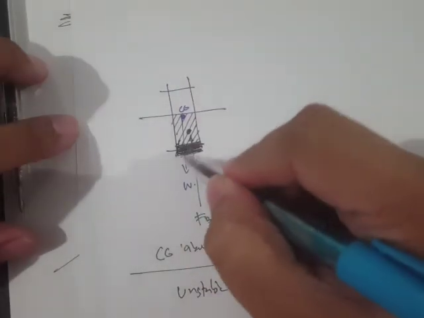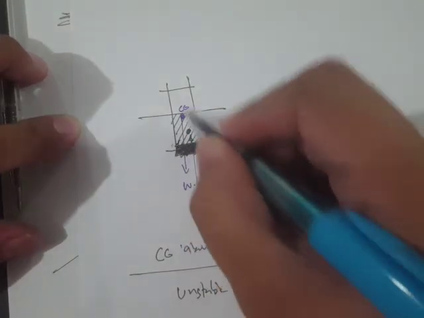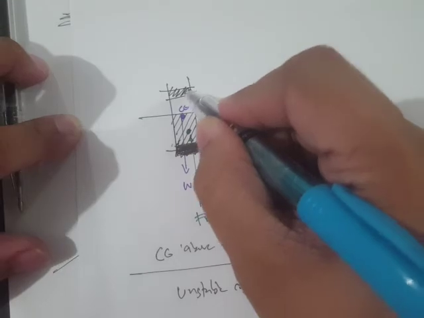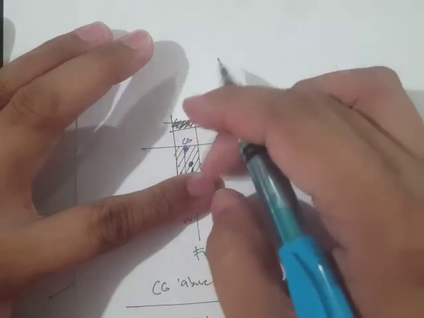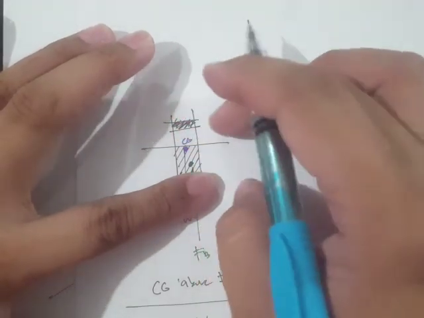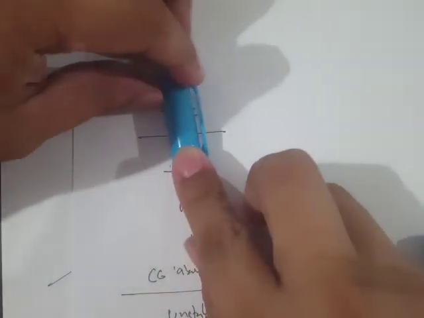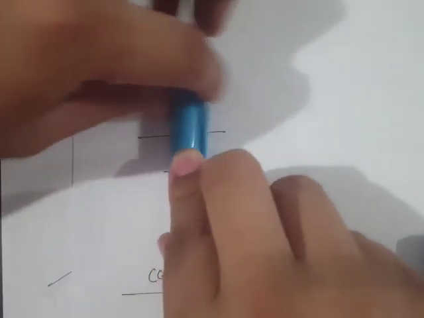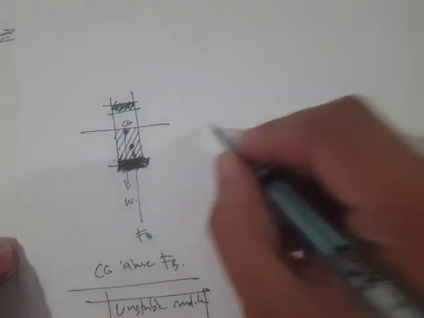By the way, this heavy portion should be at the top portion. If it's more heavy on top, then of course it's not going to be stable. If you can imagine having a heavier top, that's not going to be stable, so this is the unstable condition.